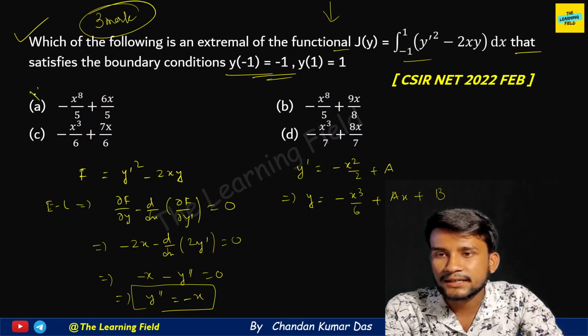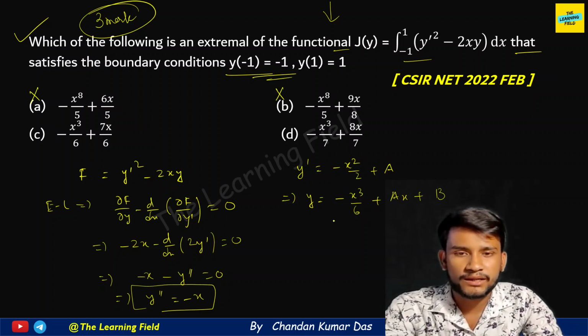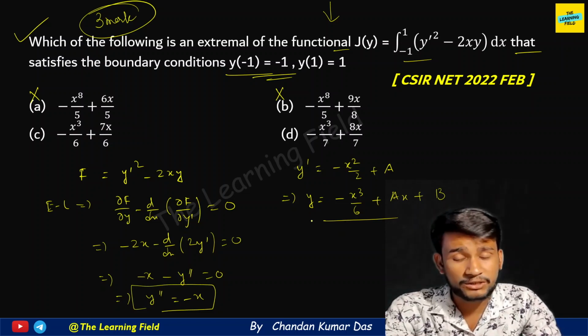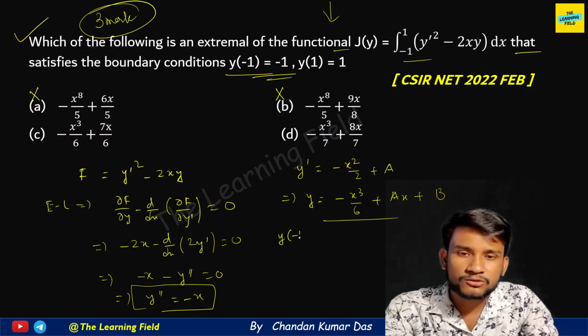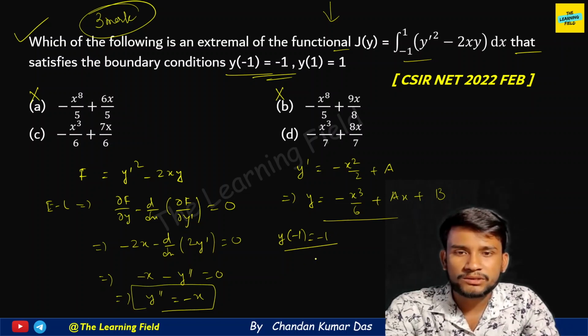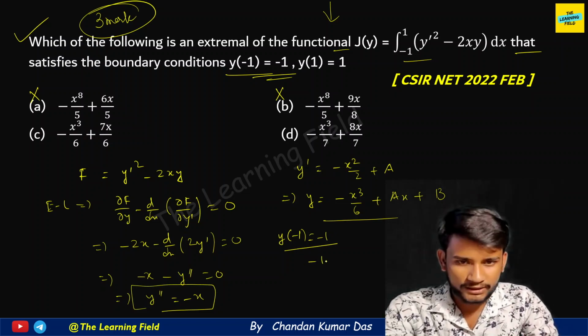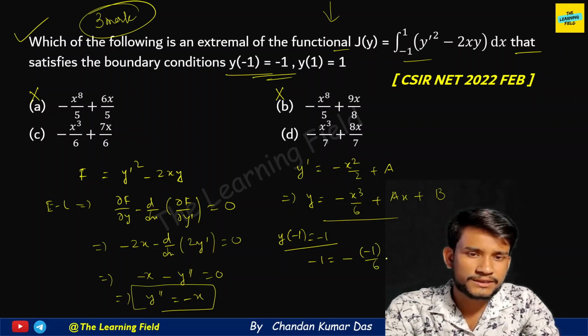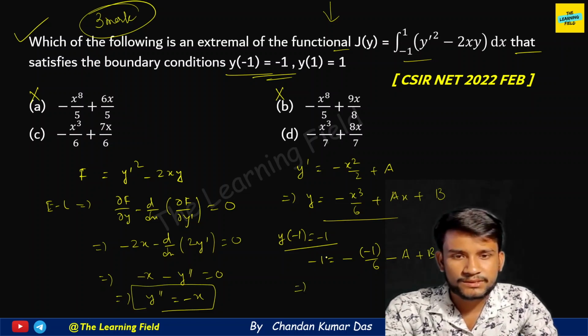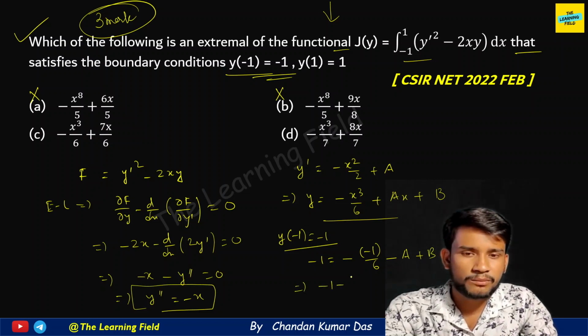Therefore we can easily discard those options by checking which is the extremal. Now if we apply the boundary condition y(-1) equal to -1, this gives minus 1 equal to minus of minus 1 by 6 minus a plus b, which gives minus 1 by 6 equal to b minus a.